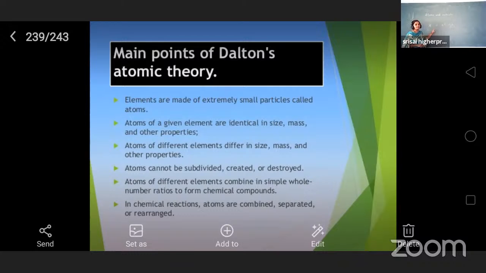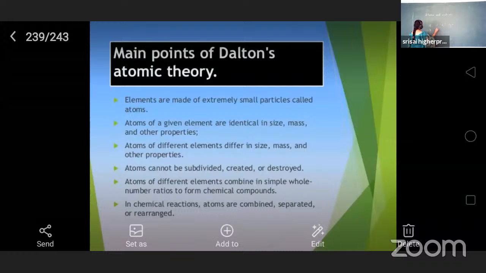Atoms of a given element are identical in size, mass, and other properties. We will learn about the properties. So atoms of different elements differ in size. Different elements means, hydrogen we say 1.